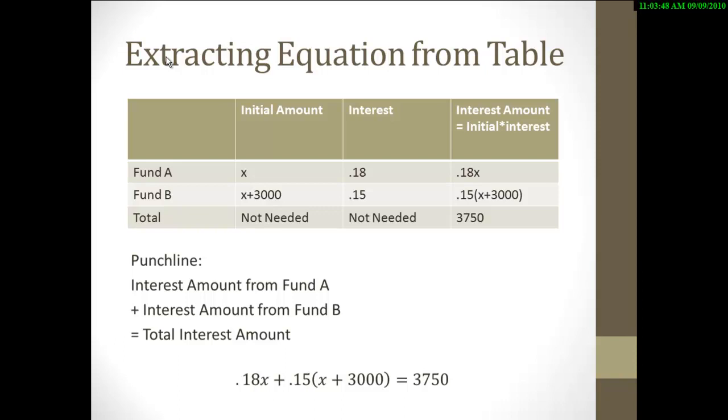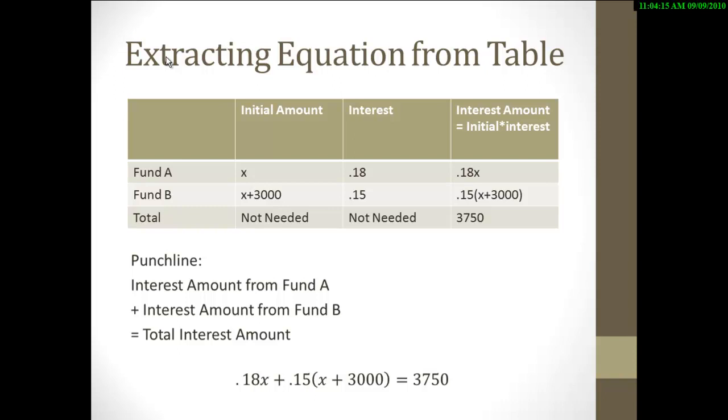The key observation here is that the amount of money that we're getting from interest for Fund A plus the amount from interest for Fund B is equal to the total amount of interest. It's just like if you had two jobs, your total income would be the income from one job plus the income from the other job, and the two added together would be your total income.